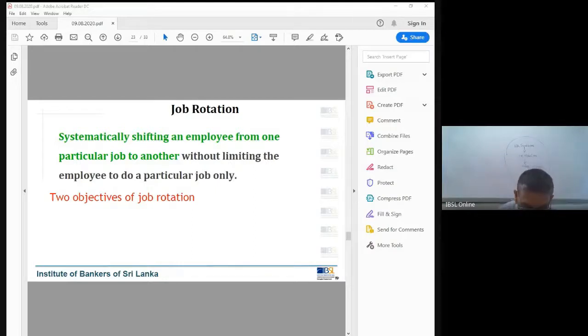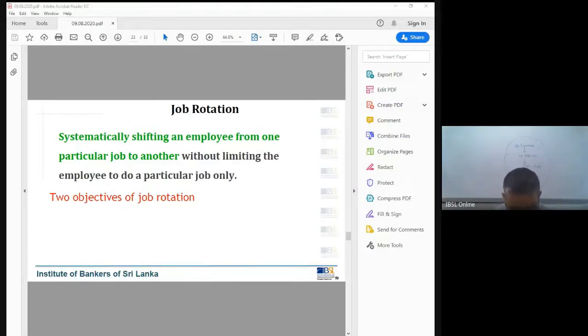Suppose the question here is: the job rotation of employees of banking and financial institutions is primarily intended for the same D. If you say 7-day compulsory leave, it is replaced by job rotation. Right.